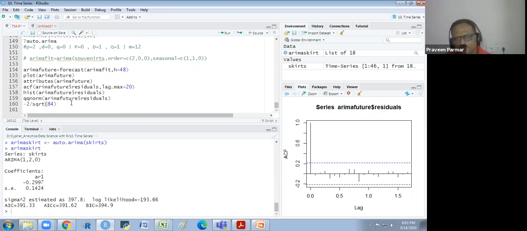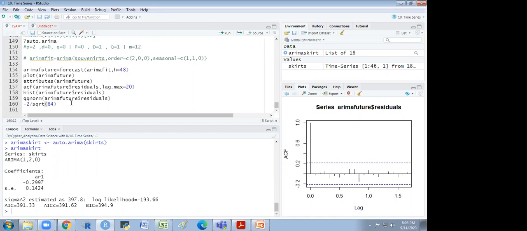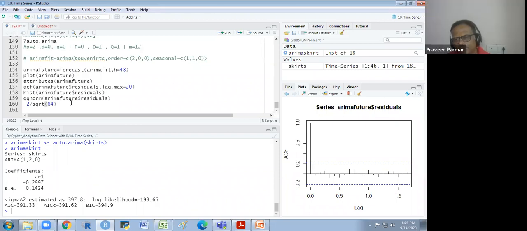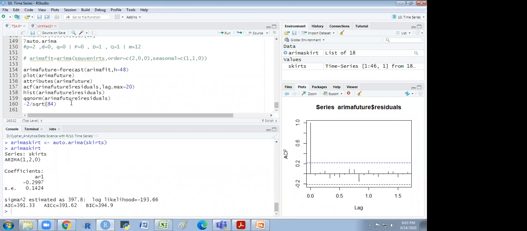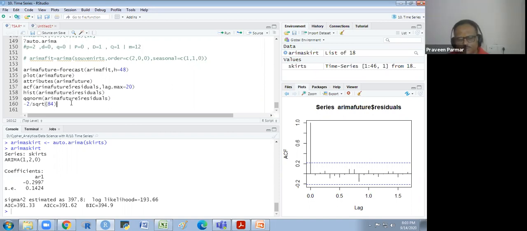So AR1 and MA0, but differencing integrated of order 2, that is, differenced 2 times. That's the best permutation and combination we got for making the forecast. It can be anything else also, 110 or 000, but it gives us the perfect one.